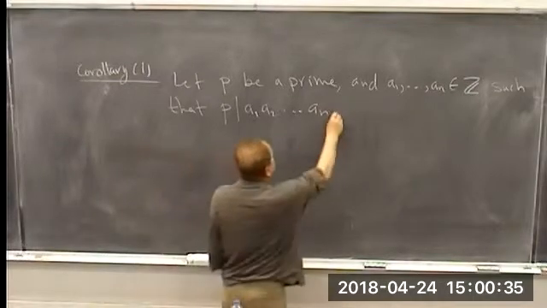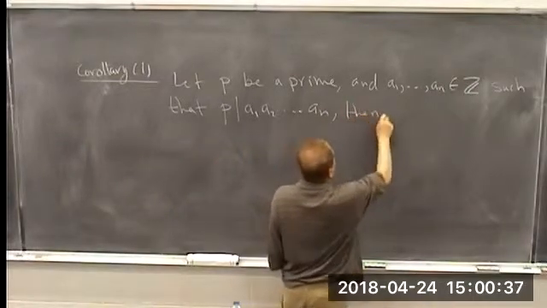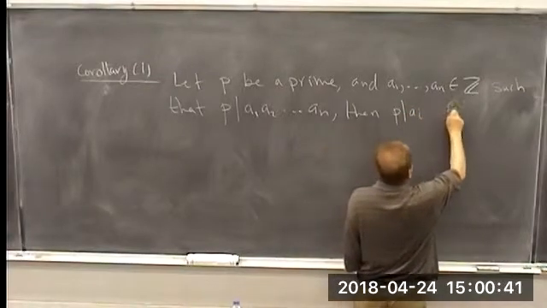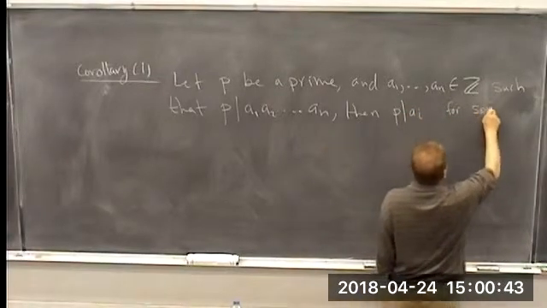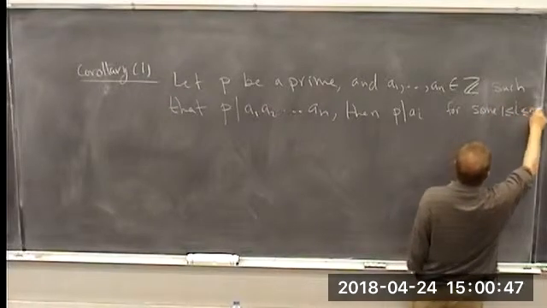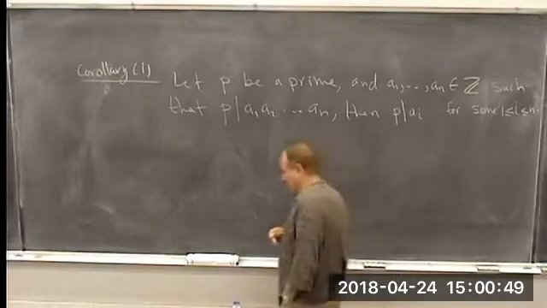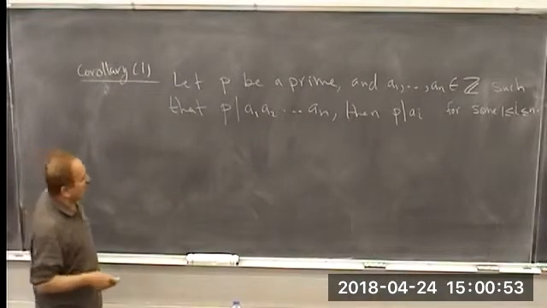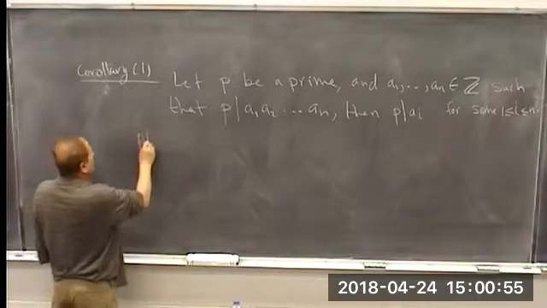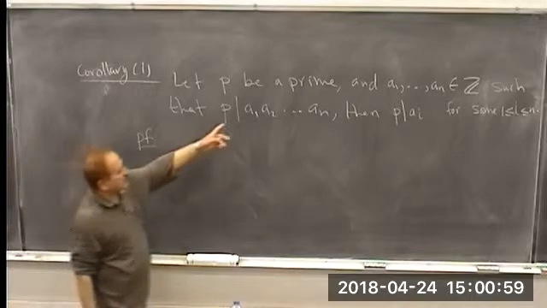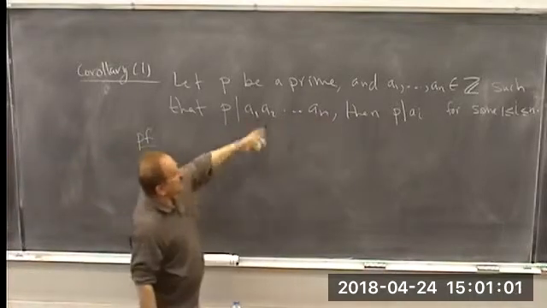Then P divides AI for some I with 1 ≤ I ≤ n. In fact, it may divide more than one, but at least it does divide one. We're going to prove it by induction on the number of factors, the number of AIs.